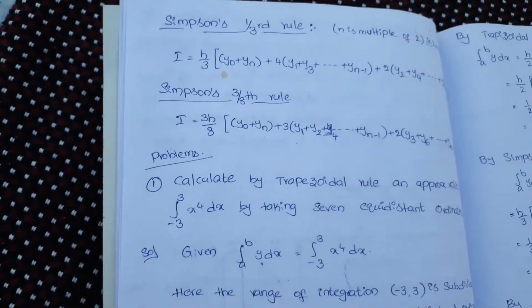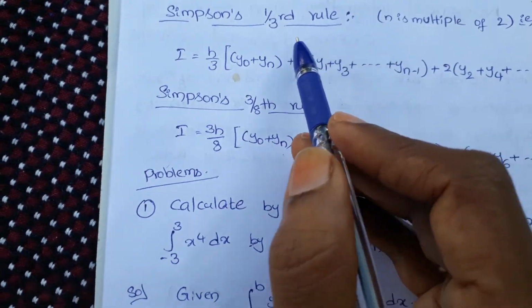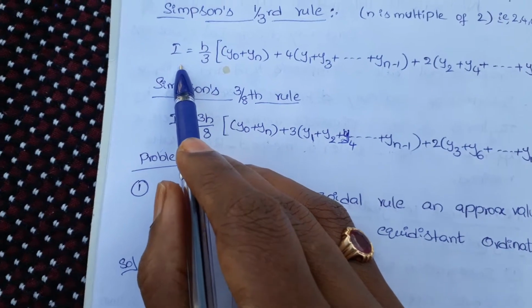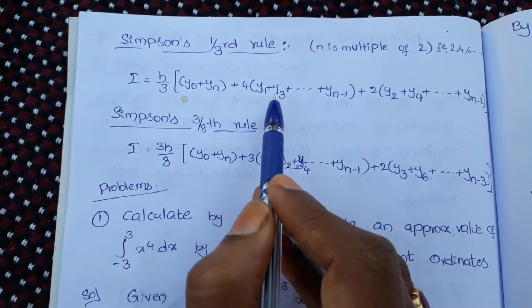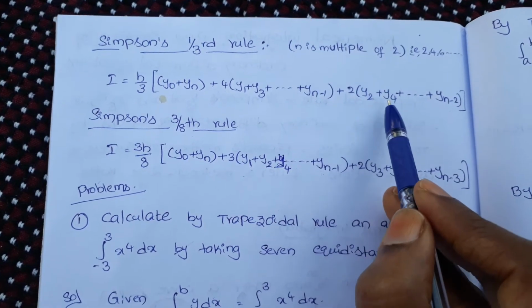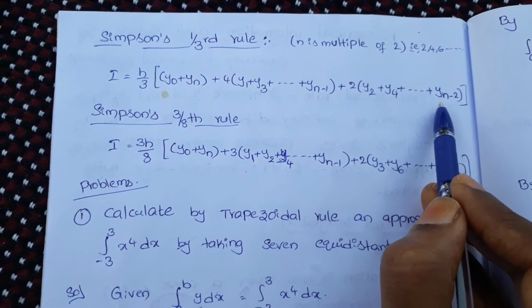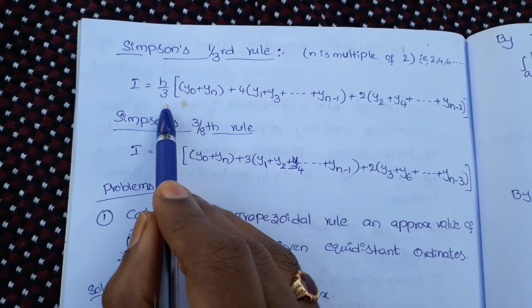And next, the second one, Simpson's 1/3 rule. This is the formula. I is equal to h by 3 times y0 plus yn plus 4 into y1 plus y3 plus and so on yn minus 1 plus 2 into y2 plus y4 plus yn minus 2. See here, h by 3. That means the strip can be divided into three parts.